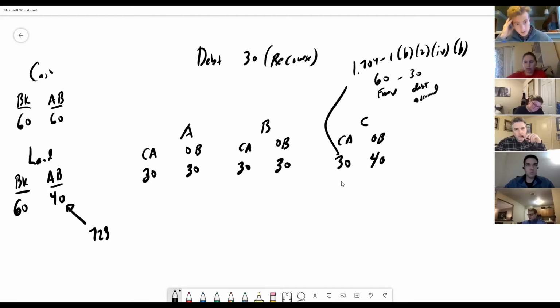Now we have to deal with the debt here. And so we have also, for tax purposes, let's go to 752B. 752B of the code. Let's go there.